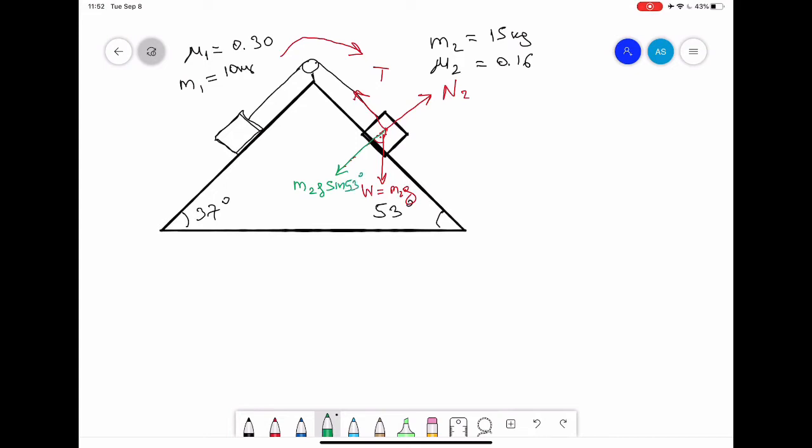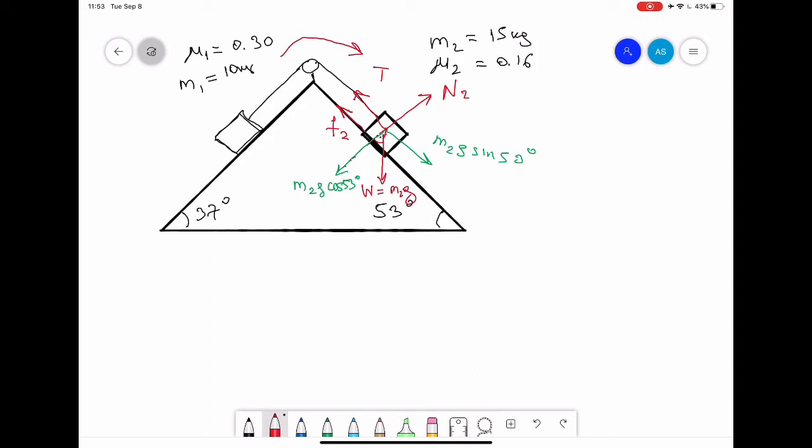Okay, sorry guys, this will be cosine 53 degrees. M2G cos 53 degrees, and that one will be M2G sine 53 degrees. Okay, what else? We also have a friction, I call this one friction 2. Okay, now we are finished with the box which is on the right side.